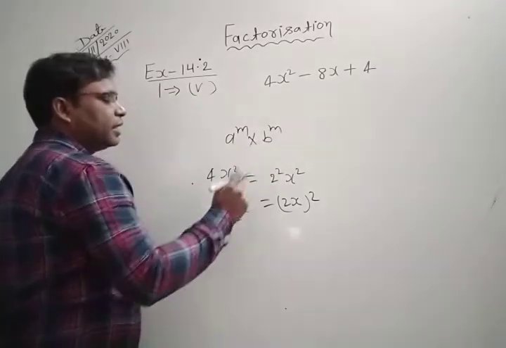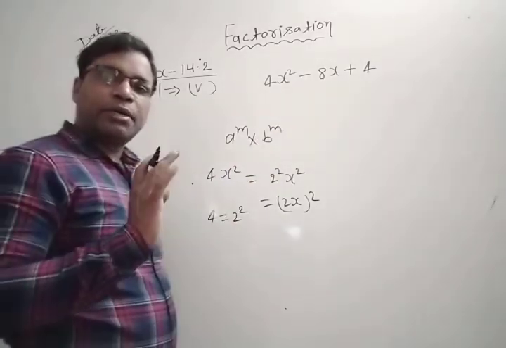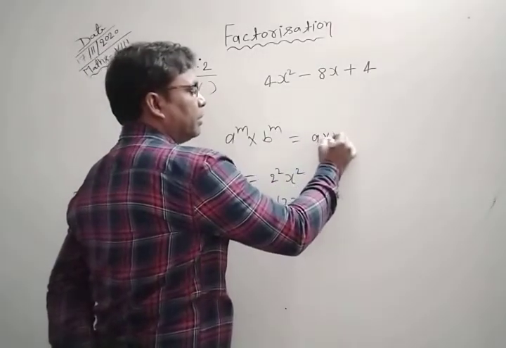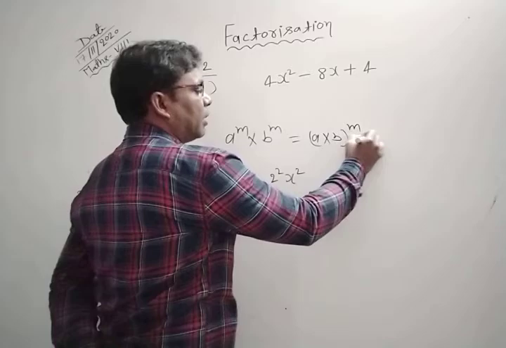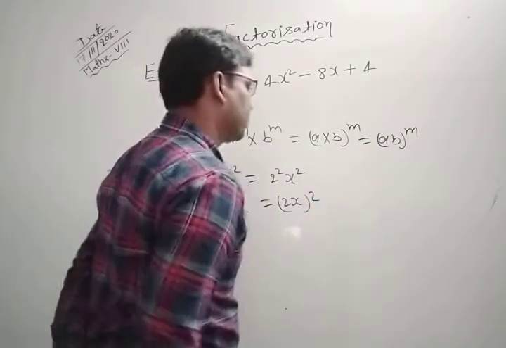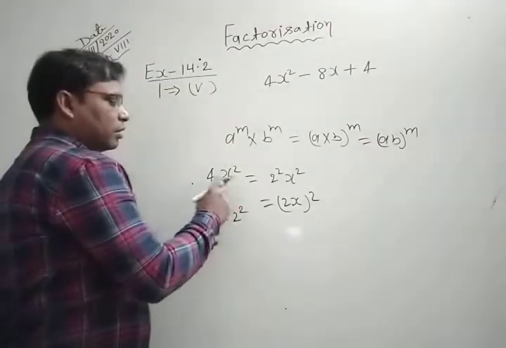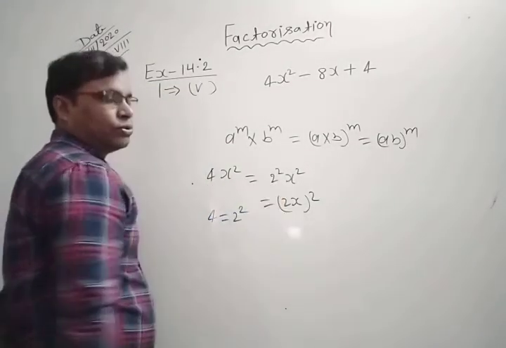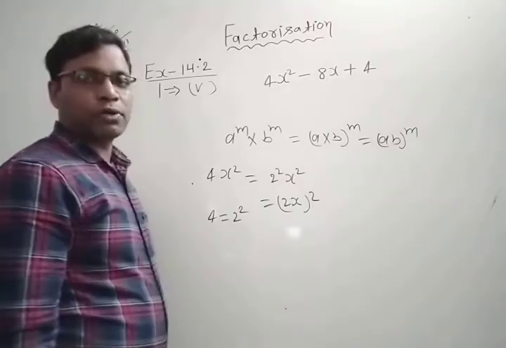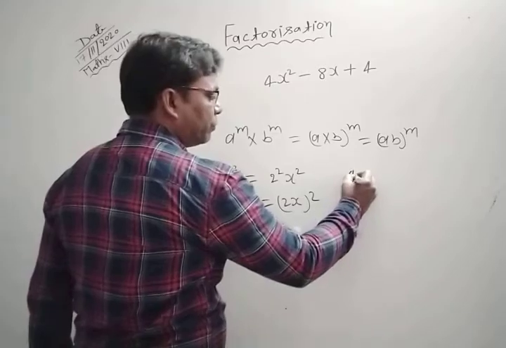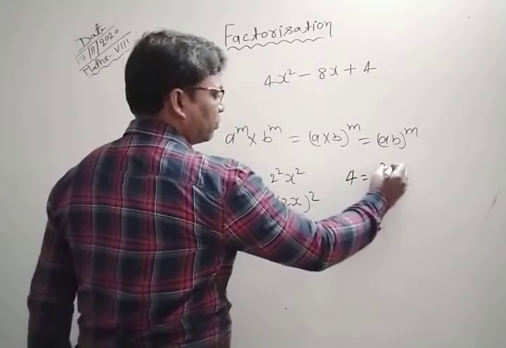In this identity, if the bases are different but power is same, then you can write a into b to the power m, or simply you can say ab power m. Clear? So 4x square is equal to, you can write it square of 2 into square of 2x. It becomes square of 2x. Clear? And 4, what do you write 4? 4 you write square of 2.